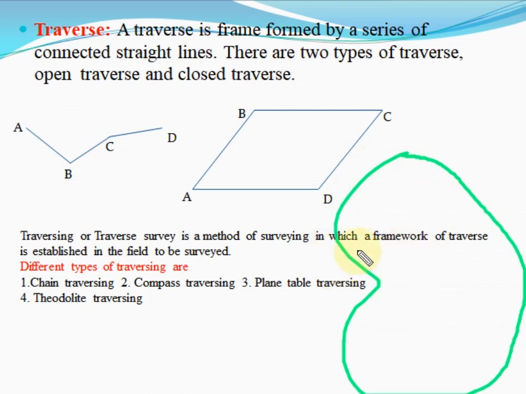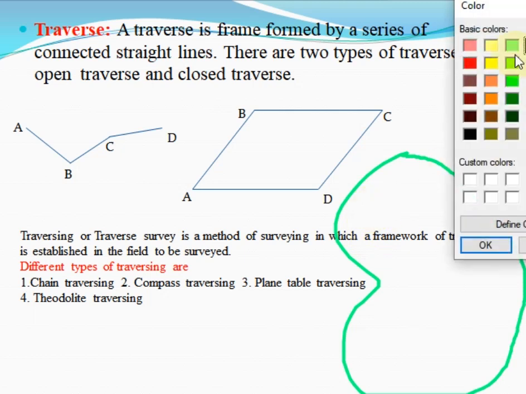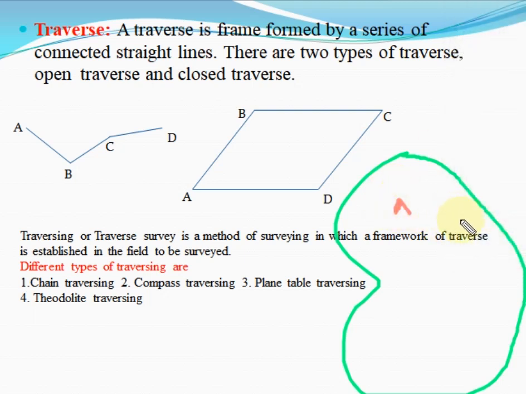Okay. So, starting point, if I take the starting point, let me give the names, let A, B, these are the different points on the ground. Okay. So, if I join all of these, let this point be A, this I have given the name B, this is C, this is D, this is E, okay, this is F. In the case of a small area you can use this closed traverse.